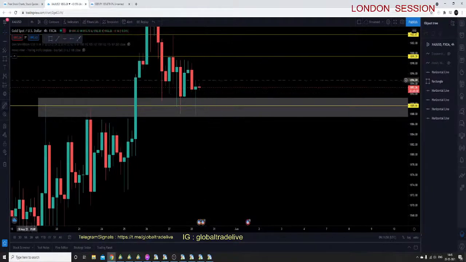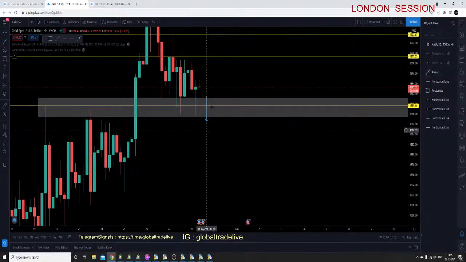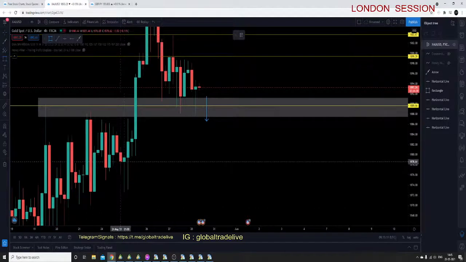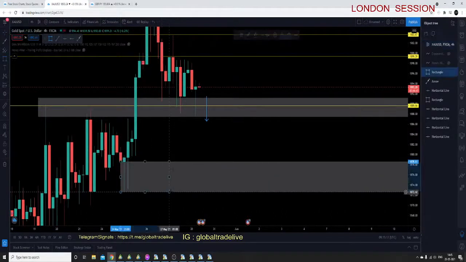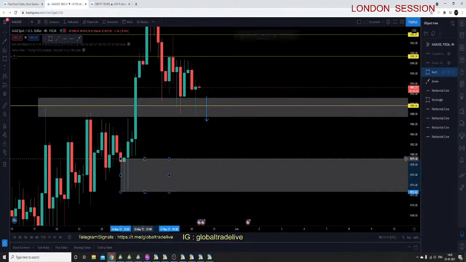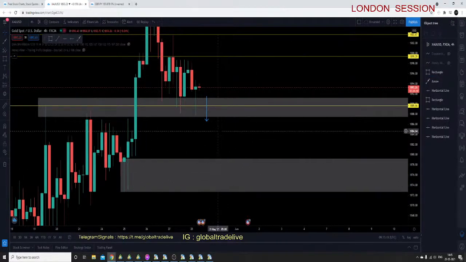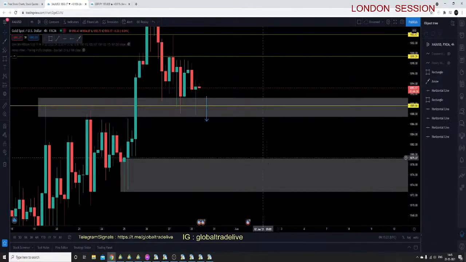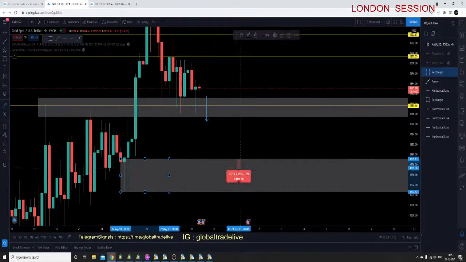When gold starts to break down, there will be no trade. Our trade will be when gold starts to fill this wick over here, these wicks. So our trade will not be here, not be here. Our trade will be inside this region, filling the wick in the 4-hour.